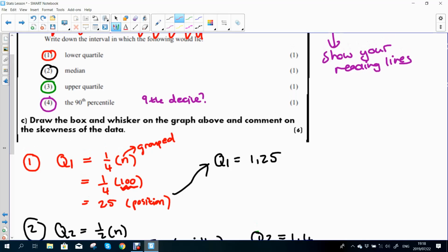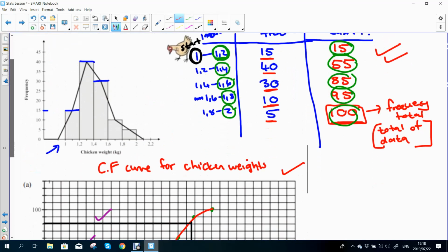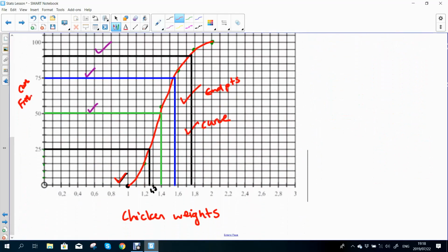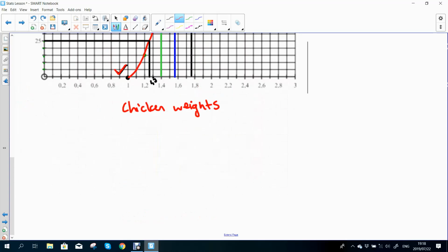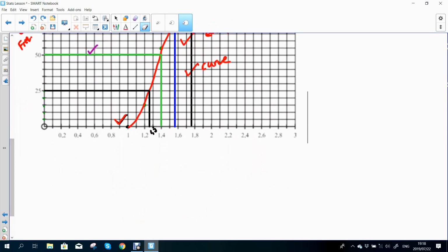Fantastic. So my quartile 1 is 1,25, and I'm going to go back to the graph now. I want to draw the box and whisker. Now I'm going to erase this heading because I want to show you that you can actually use your ogive, your curve, to plot your box and whisker straight below. It's quite cool. So what is quartile 1? Well, we just found quartile 1. It was at 25.